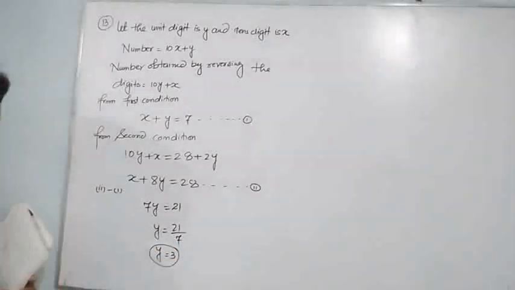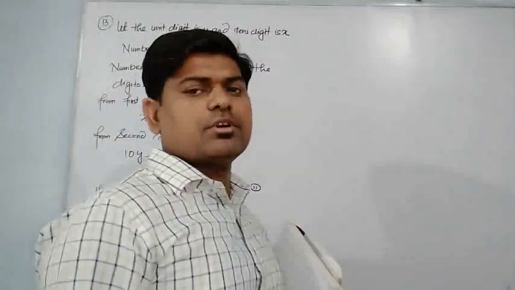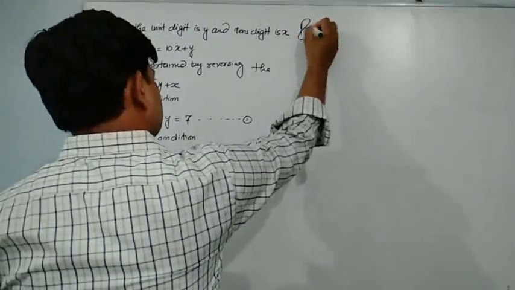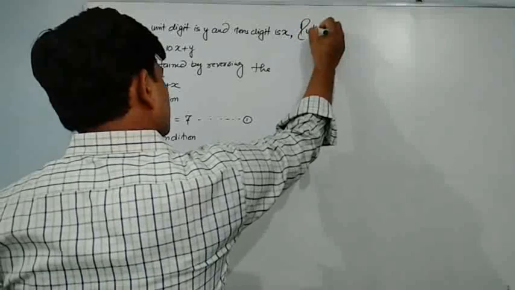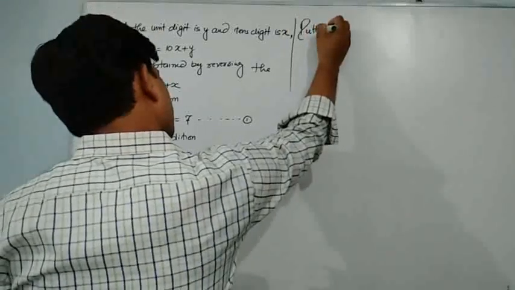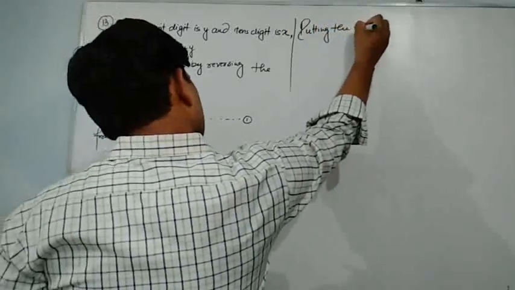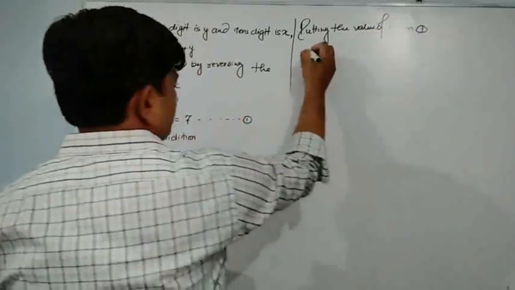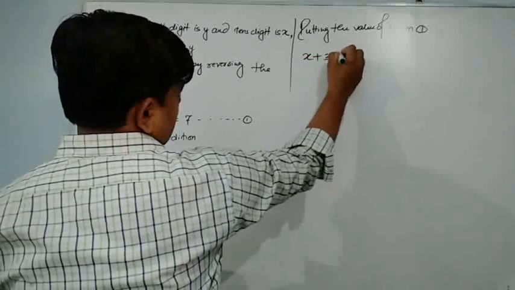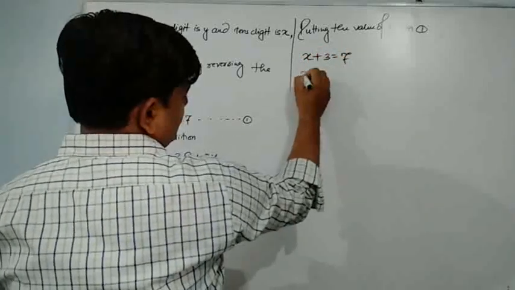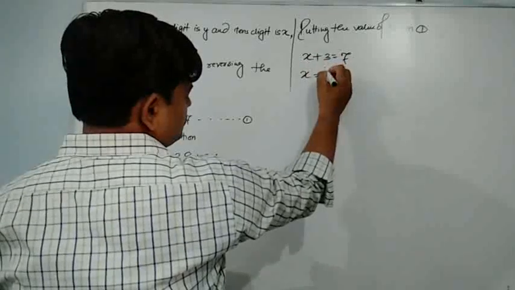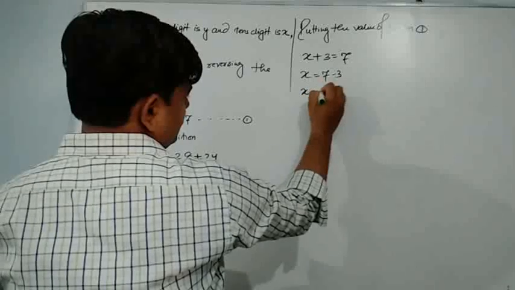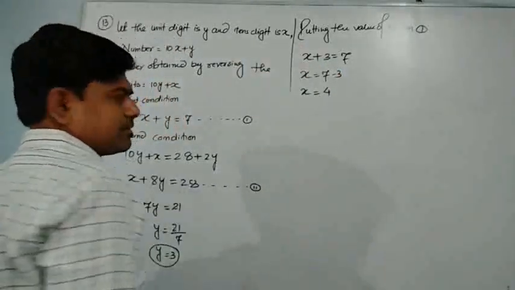And when we substitute the value of y in either 1 or 2, what can I write? Putting the value of y in 1, what will happen? x plus 3 is equal to 7, so x is equal to 7 minus 3, then x is equal to 4.